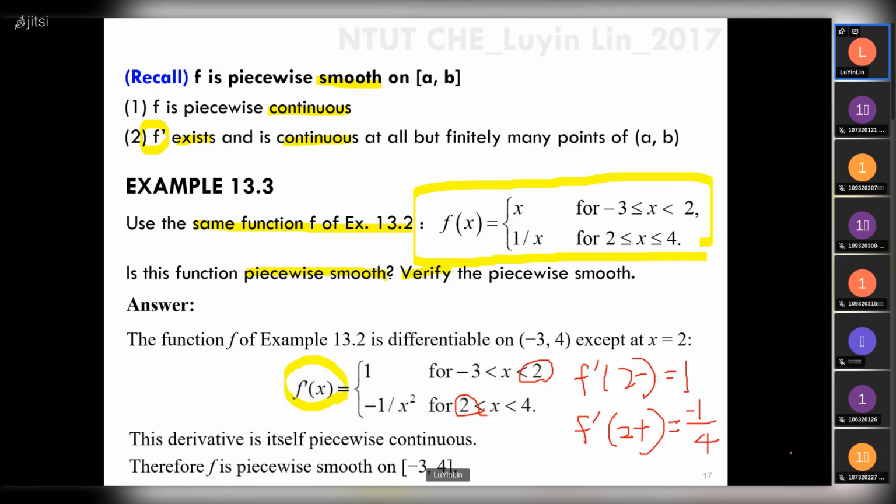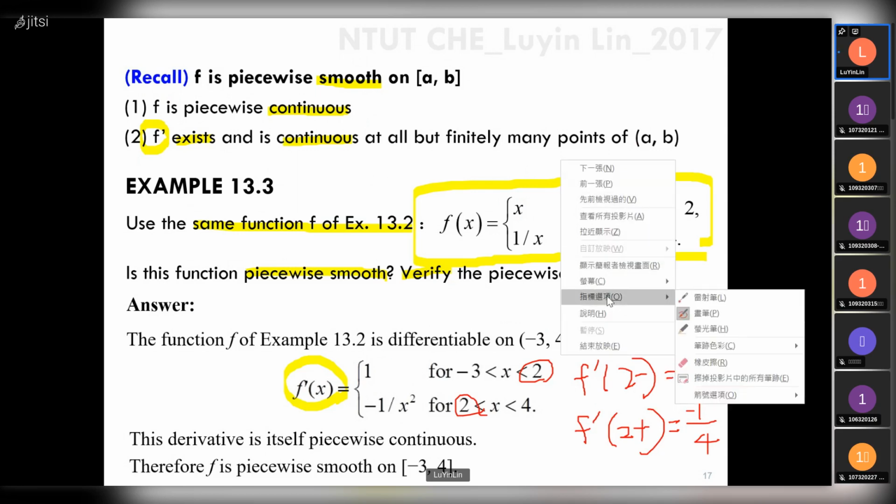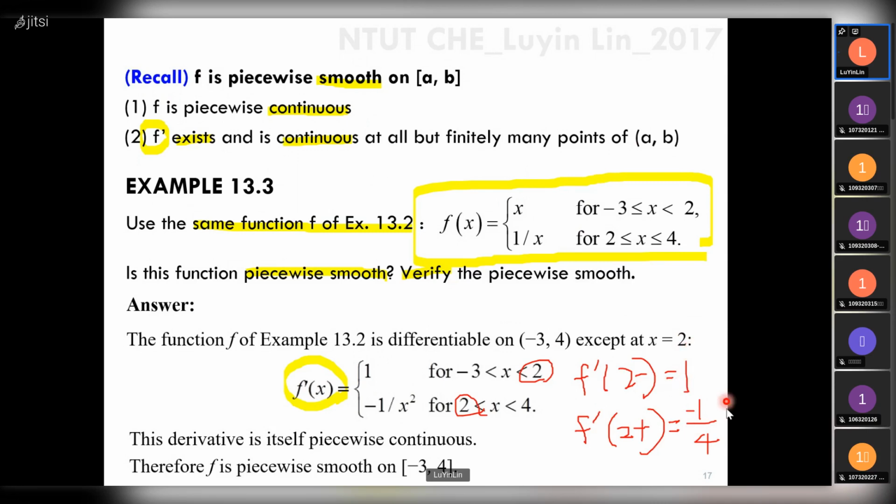Okay. So you can find it at the point x equal to 2. You bring 2 into f prime. You got a 1 and a minus 1 over 4. So they are different. F prime 2 minus is not equal to f prime 2 plus. So the piecewise smooth is verified. Okay.